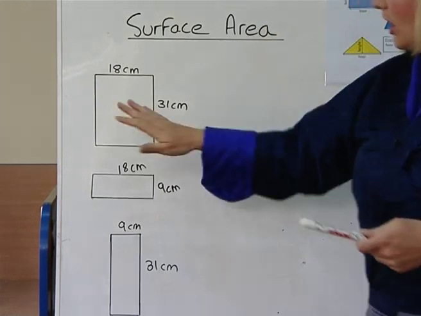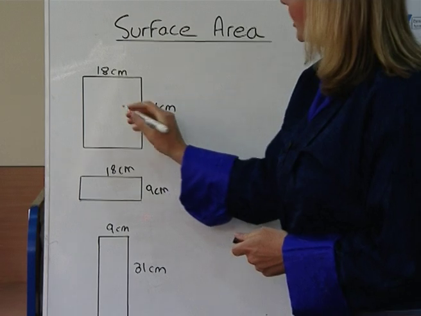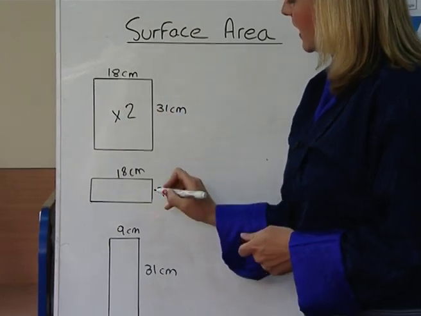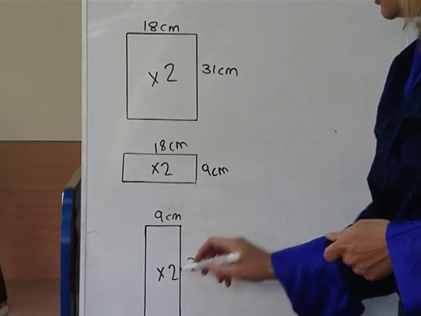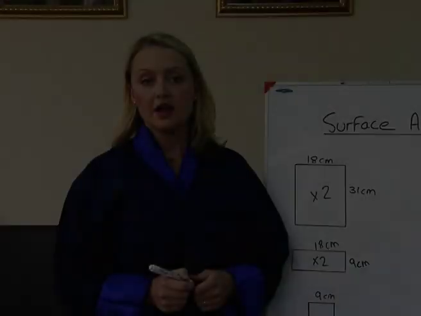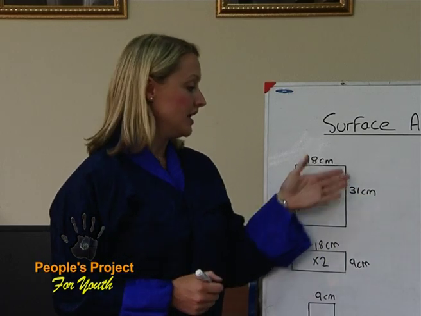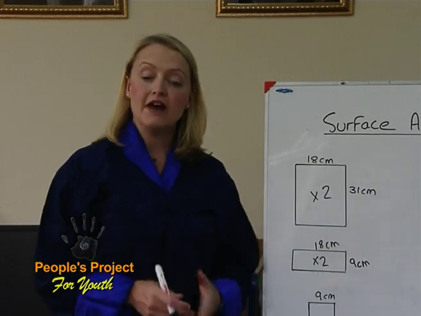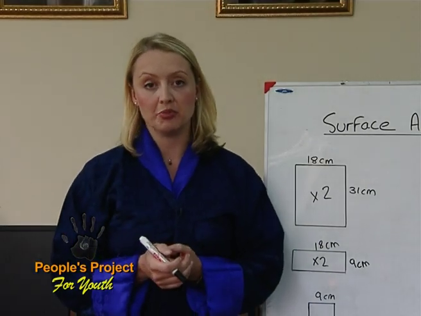So now we have our 3 faces, of course remembering that we actually have 2 of this face in our net, 2 of that face in our net, and 2 of that face in our net. So now that we have our dimensions, we can work out the area of each of the faces and then combine them to find a total surface area for our cardboard box.